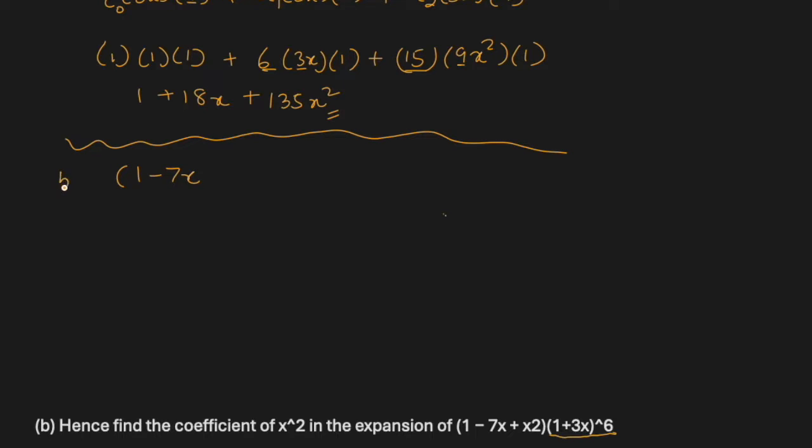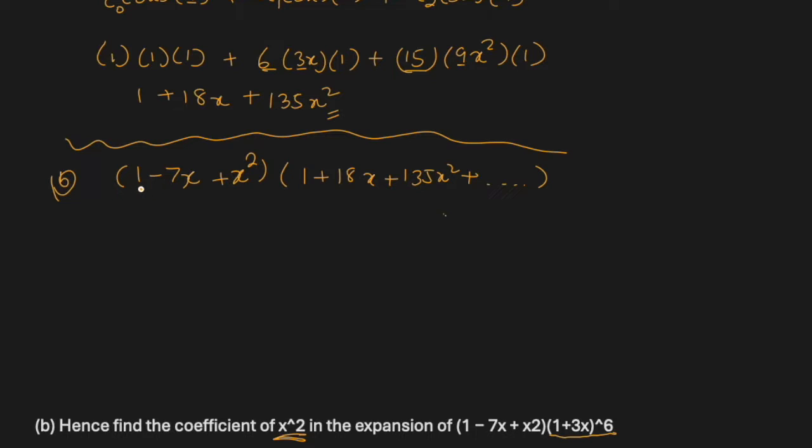This is the b part we're doing now, okay? Plus x squared. And the expansion of the second part is here. So I'll write this: 1 plus 18x plus 135x squared plus something more, but since we are concerned with only x squared, there is no need to write anything else.